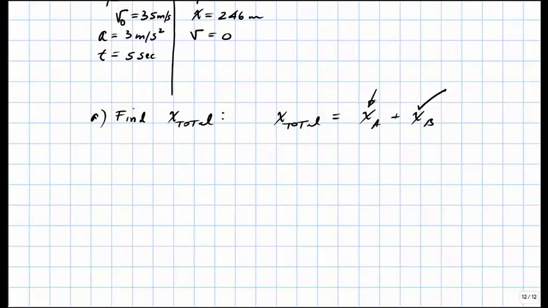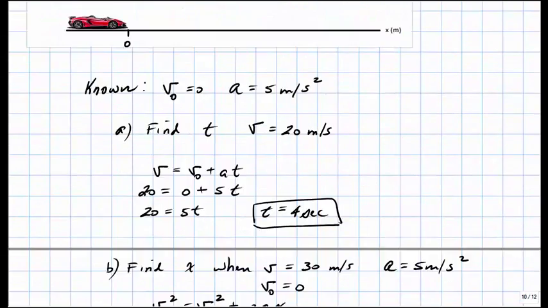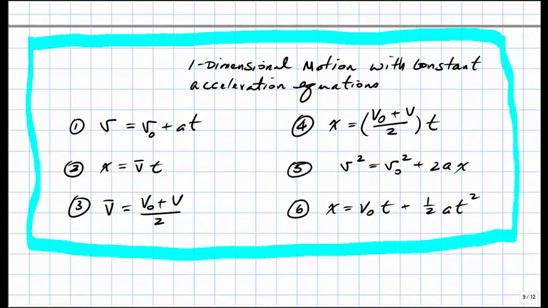We do need to find the distance traveled in phase A. So which equation will produce the distance traveled in phase A? Well, we'll keep in mind that we know V0, a is known, and t is known, and we'll travel now to our blue box, which is right here. And let's examine this equation. Well, this equation doesn't have an x in it. This one, well, we don't have the average velocity.